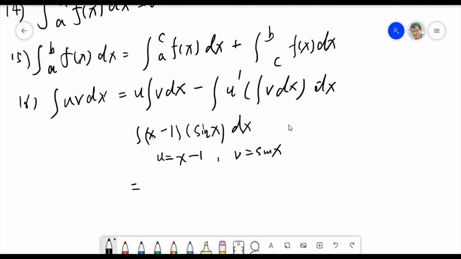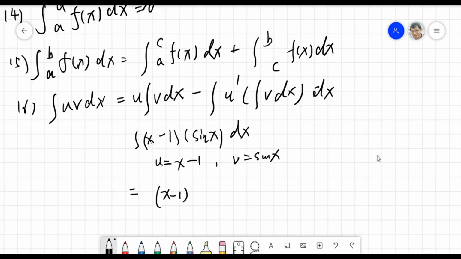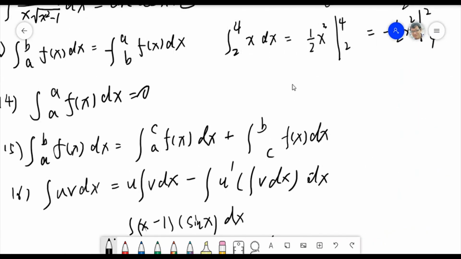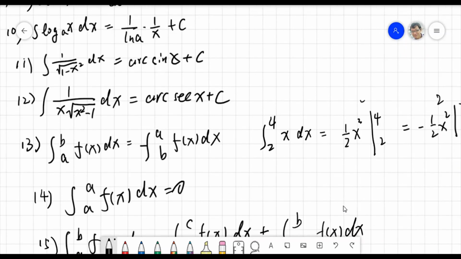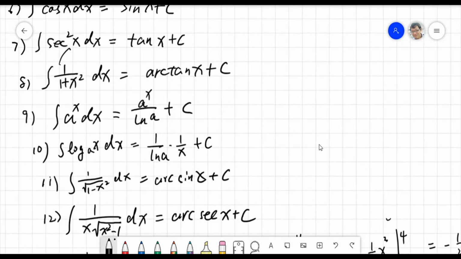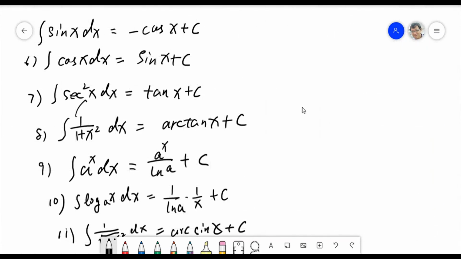First, u, so x minus 1, times the integration of v. The integral of sine x is what? I remember it's negative cosine. Let's just remember that, okay? Yes, negative cosine.